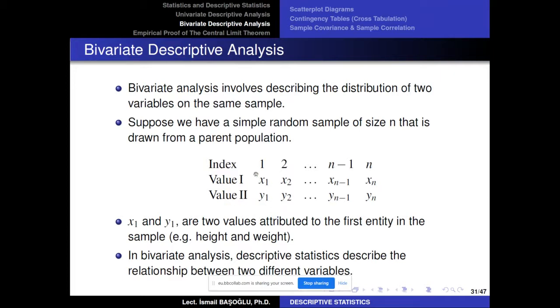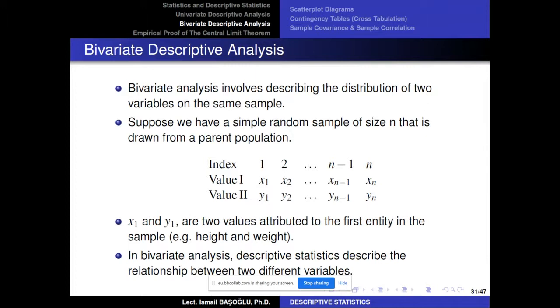Or similarly, let's say we have randomly selected n second-hand automobiles, and in the first row we have recorded their second-hand prices, and in the second row their odometer values, so the distance that they have traveled so far.